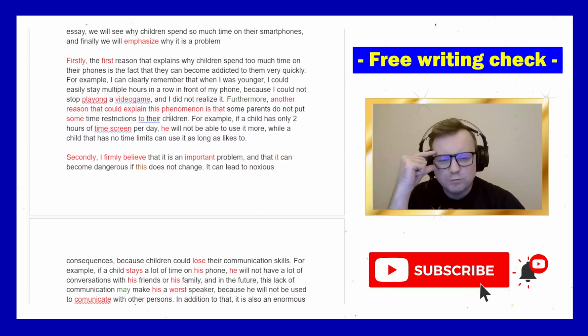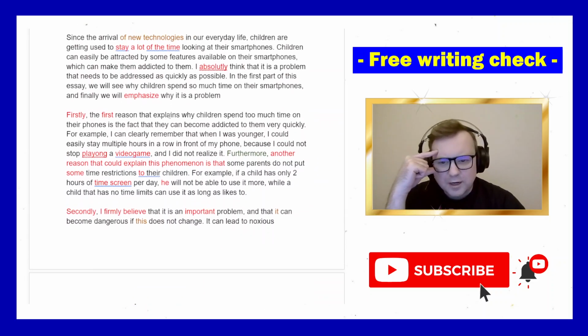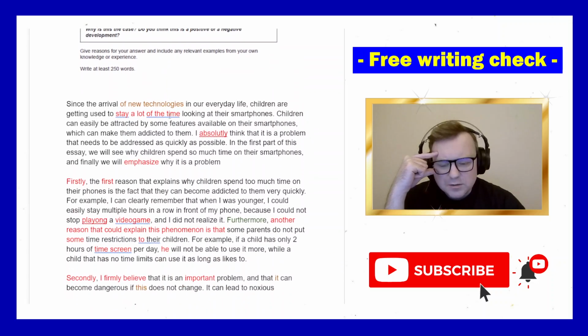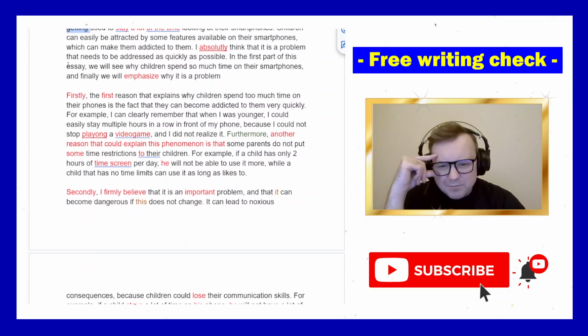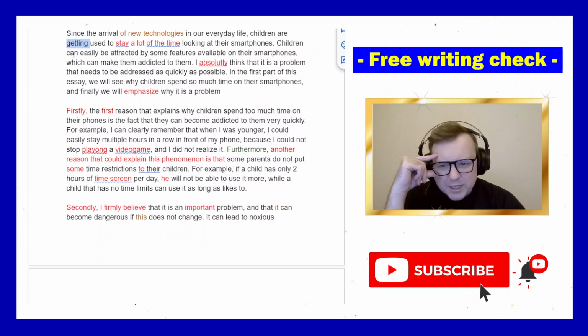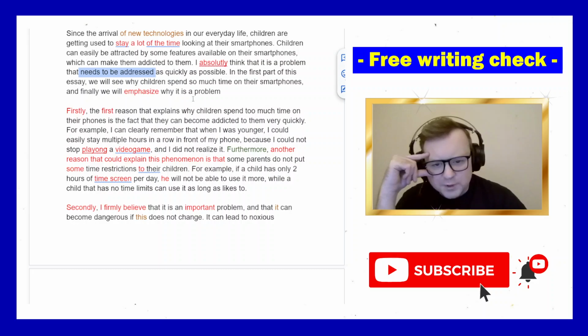How about the range of grammar? So we do get a lot of present simple, of course. Attempts to use present continuous here. Not quite sure about whether that's accurate, though. We have some modality and some passive, so that's good. Can we just get needs to be addressed? Good. We get another passive infinitive there, to be addressed.